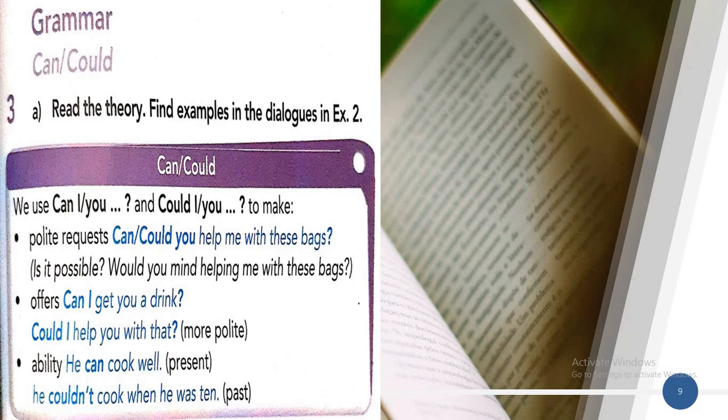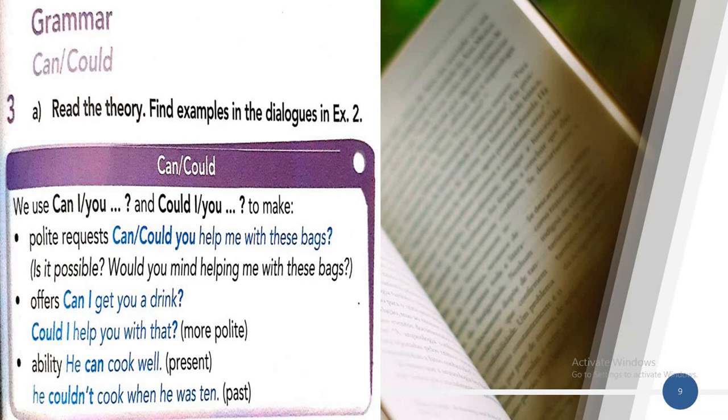We use can I or can you and could I or could you to make polite requests. Can you or could you help me with these bags? So for making requests, the second use is offer. Offer for help, or offer for work, or an offer for anything else.